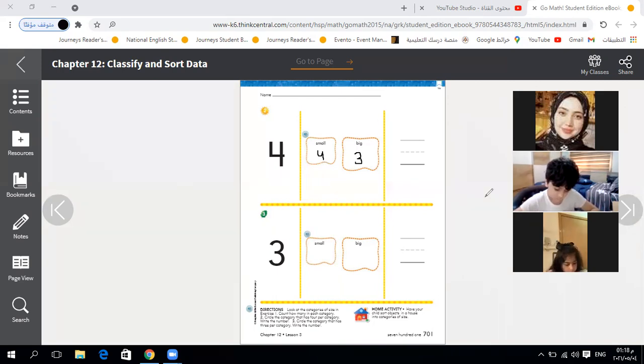So Hala, can you tell me which category has a 3 in it? The big or small? Big. The big one. So we have to circle the big one and write number 3 here.